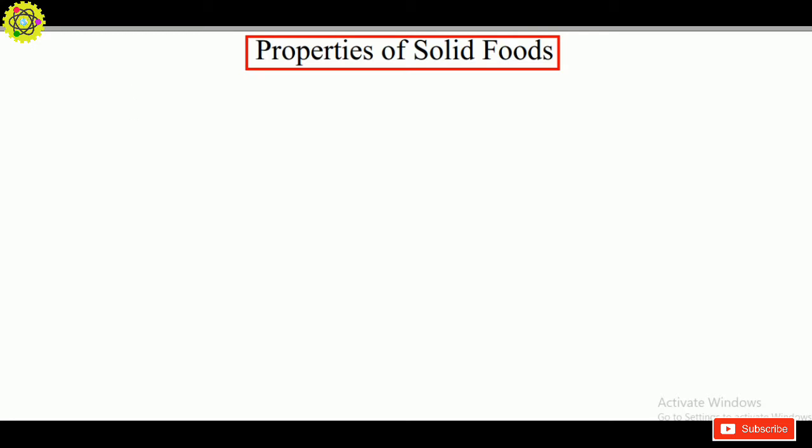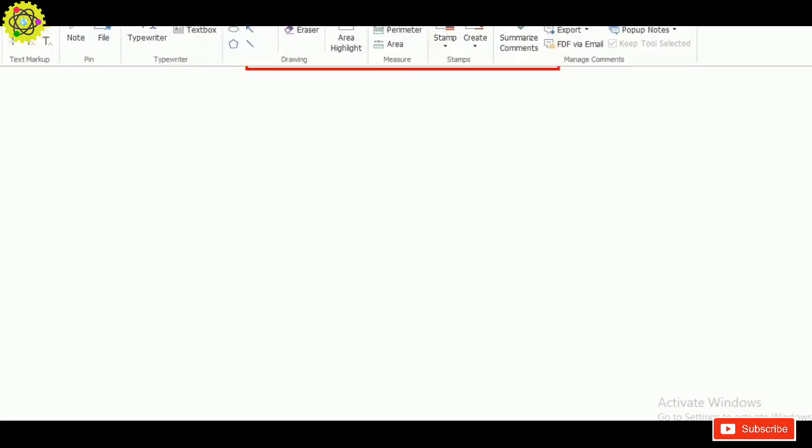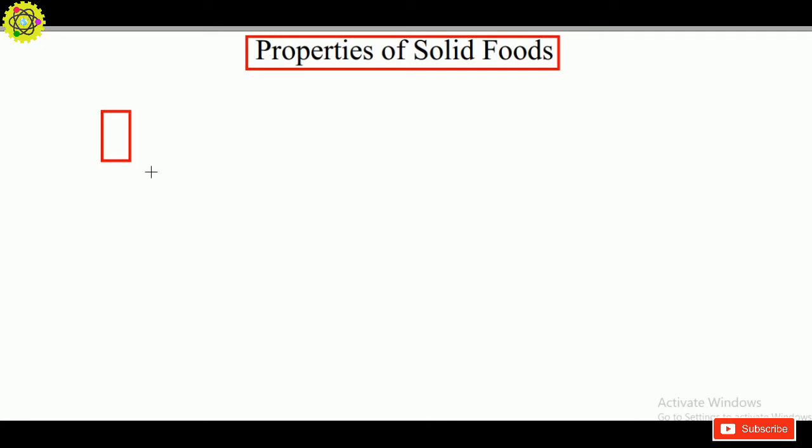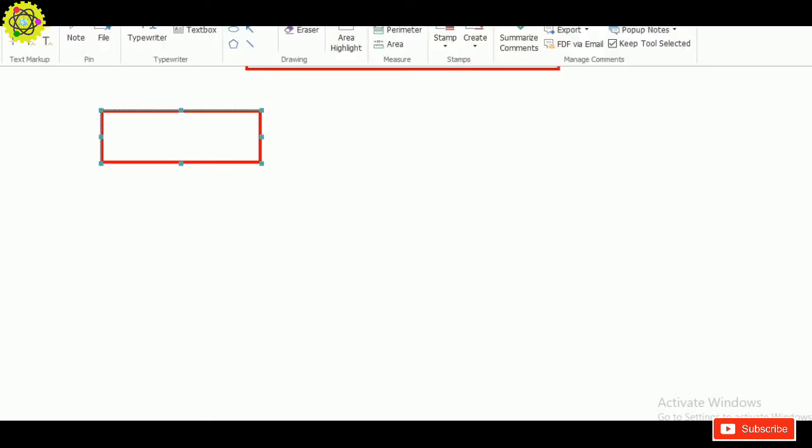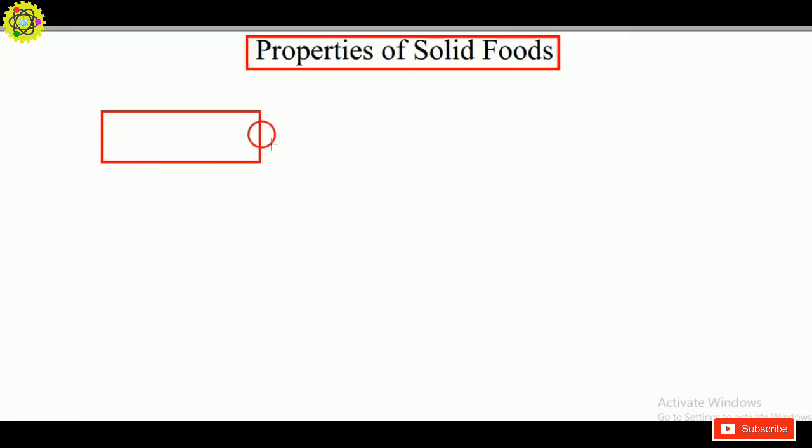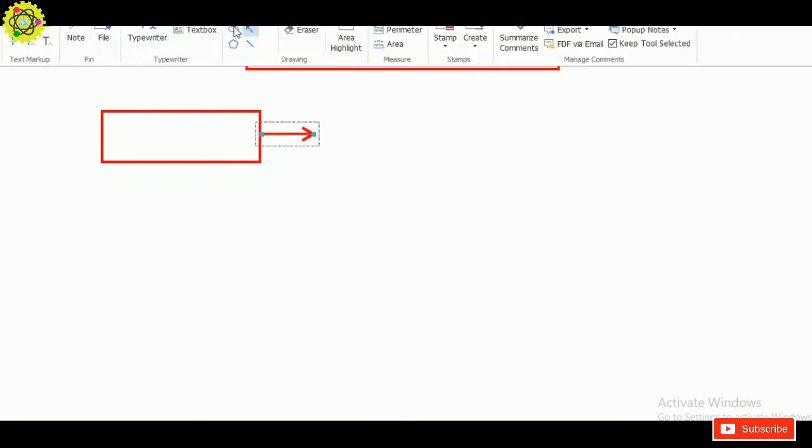So friends, now suppose this is our solid substance and it experiences a force in this direction like this. This is a tensile force acting on this particular substance.